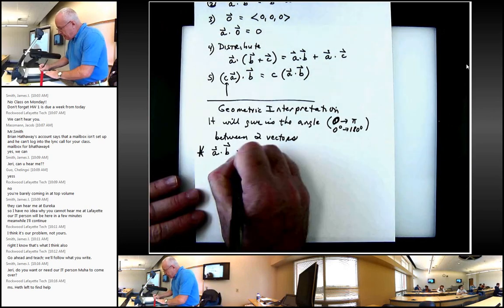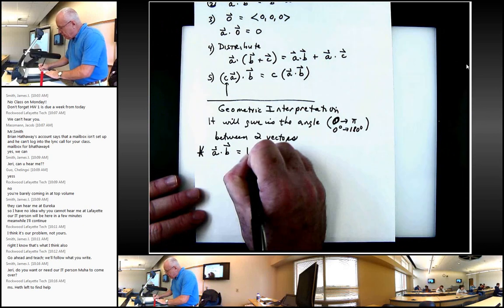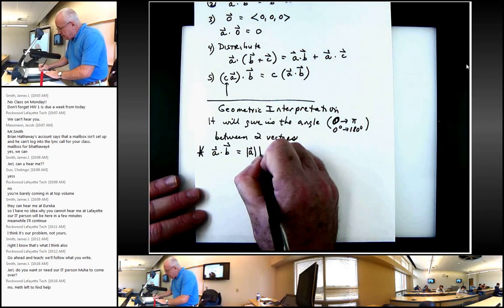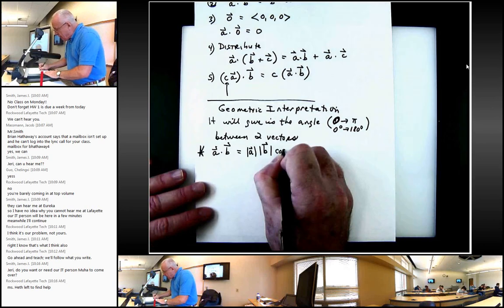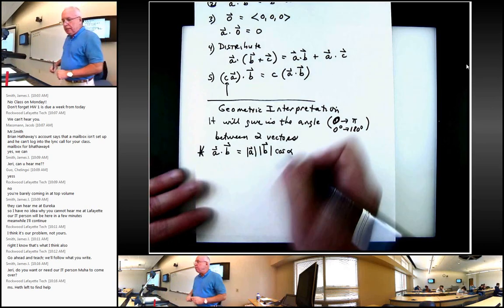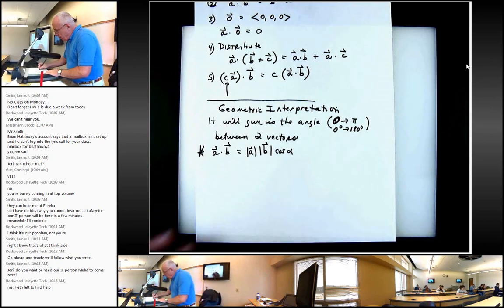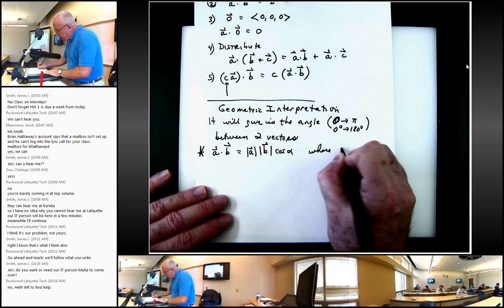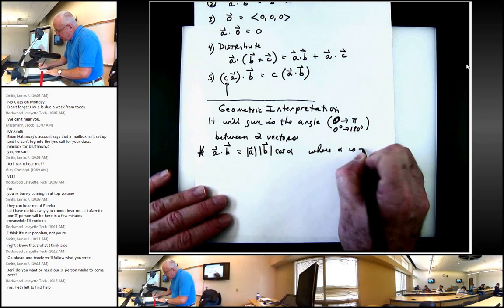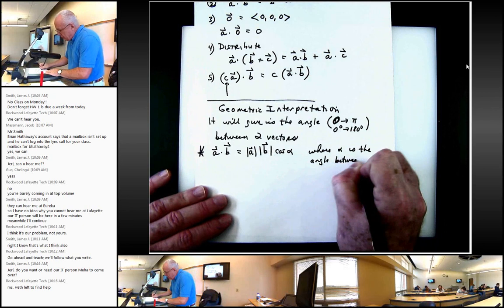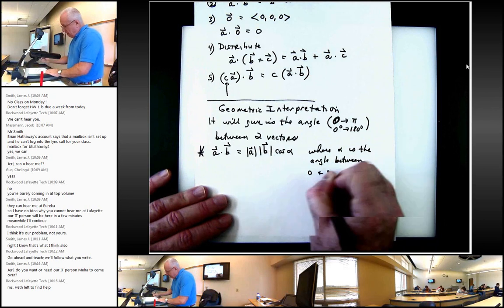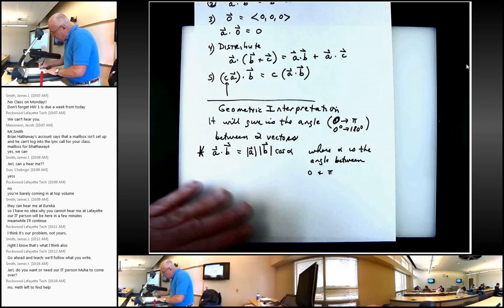A dot B is equal to the magnitude of vector A times the magnitude of vector B times the cosine of the angle between them, where alpha is the angle between 0 and pi formed by the two vectors.